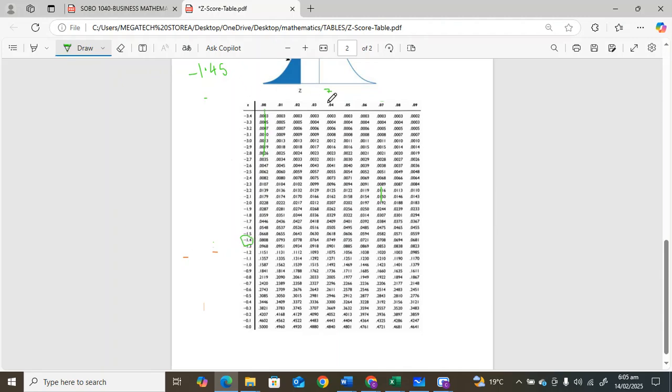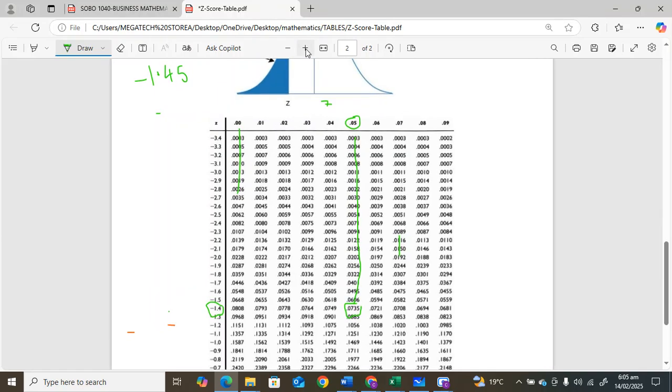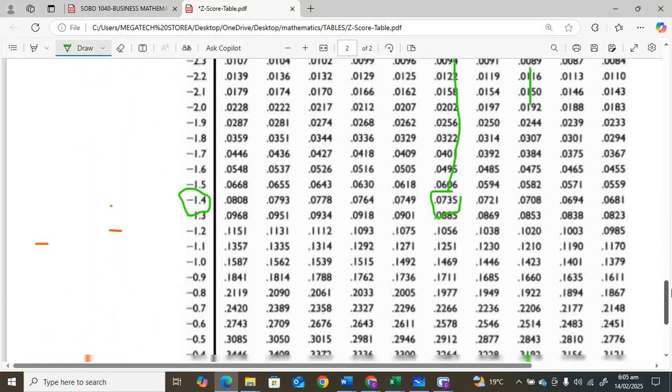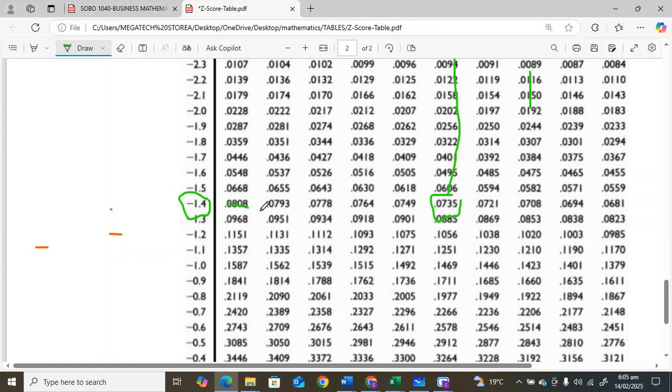The last digit, 5 here. Where they intersect, 0.0735.